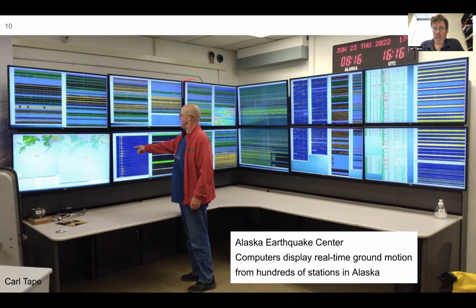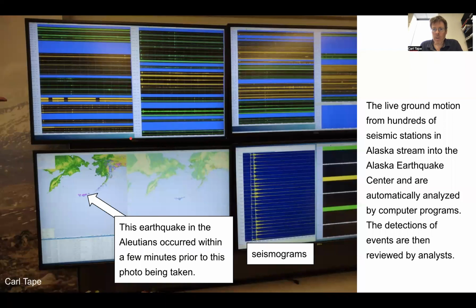In reality, analysts may have their own screens and subsets of data in their own office, but this is a really nice picture of all the kind of information: maps, the latest earthquake coming in here from the Aleutians, for example. And this just shows a blow up. So these are different stations, and this is the information.